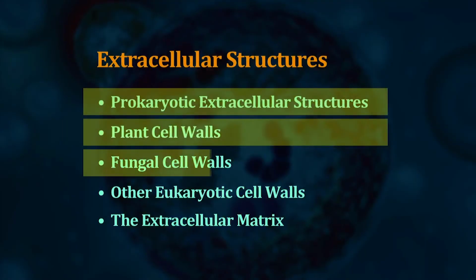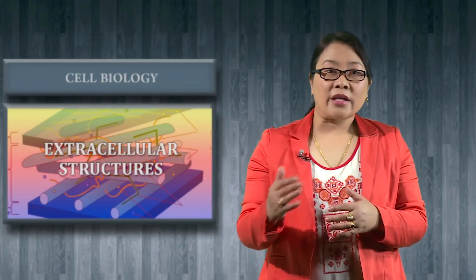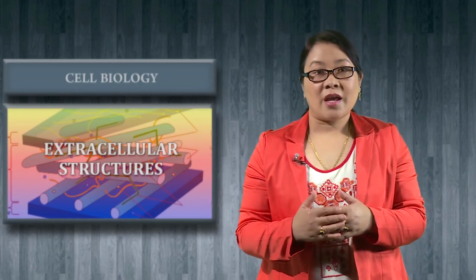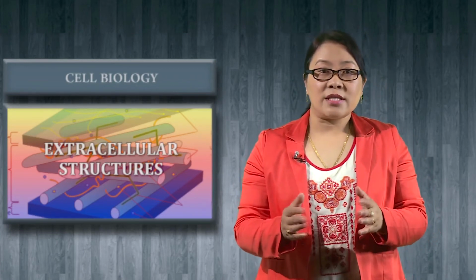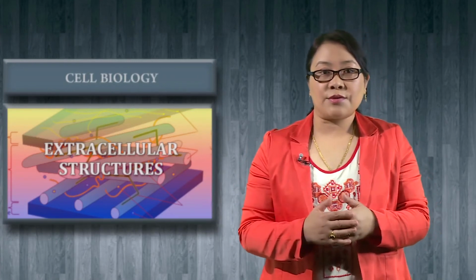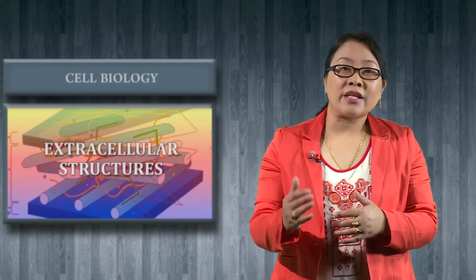Next are the fungal cell walls. The cell wall forms an outer layer surrounding the plasma membrane in fungi. Unlike plant cell walls, the cell walls of most true fungi lack cellulose. The cell walls of true fungi have three main components. The first one is chitin.